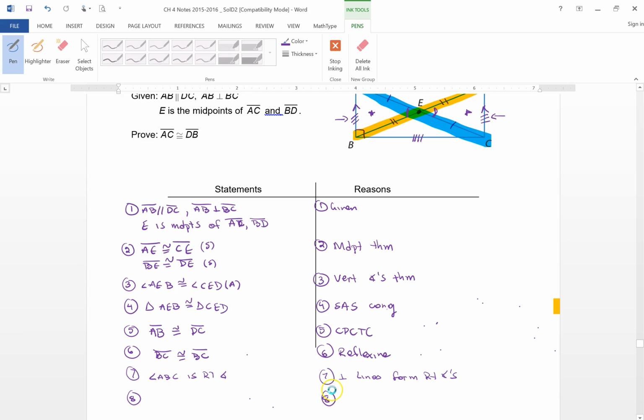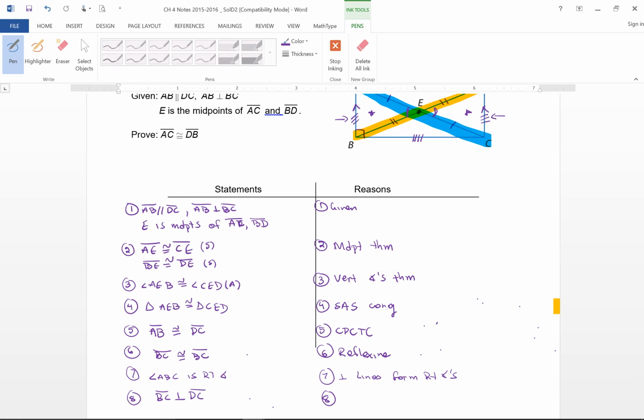Okay, so number 8. Now, these two lines are parallel. If this is perpendicular to one line, it's also perpendicular to another parallel line, remember? So for number 8, we're going to say BC is perpendicular to DC.